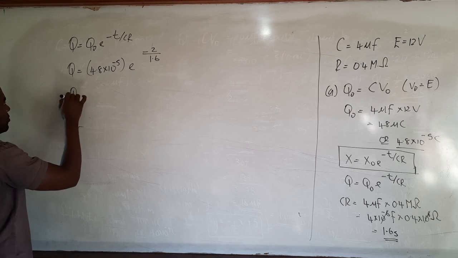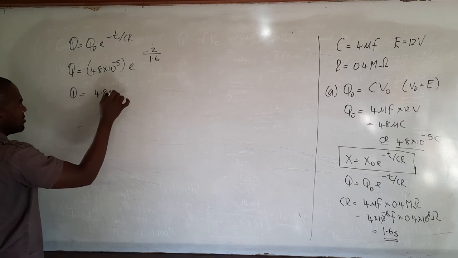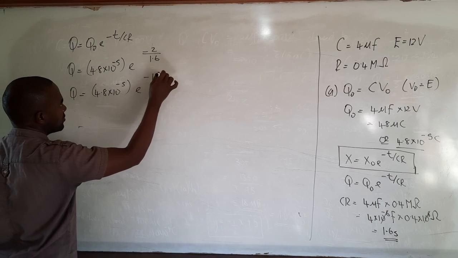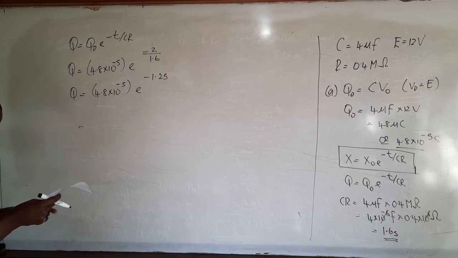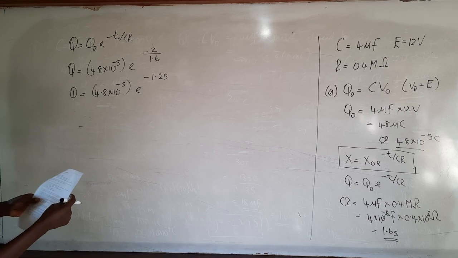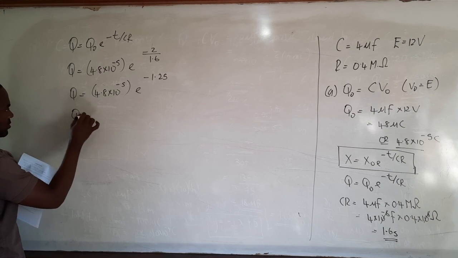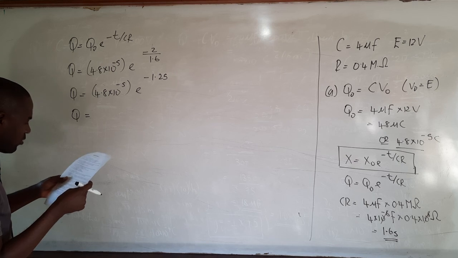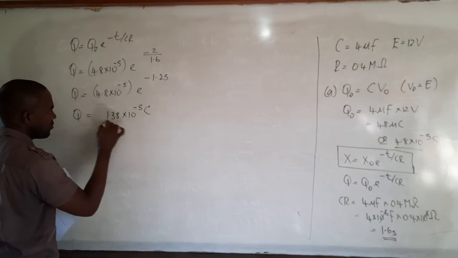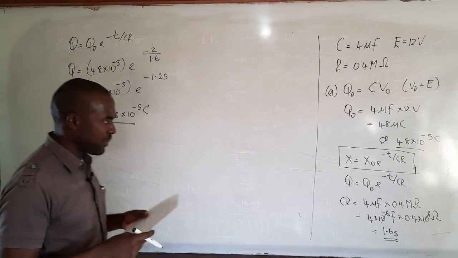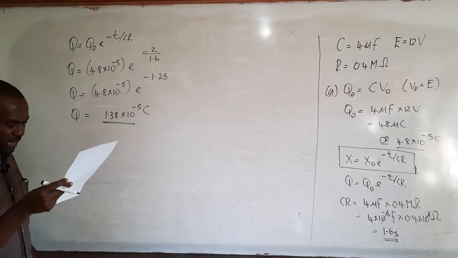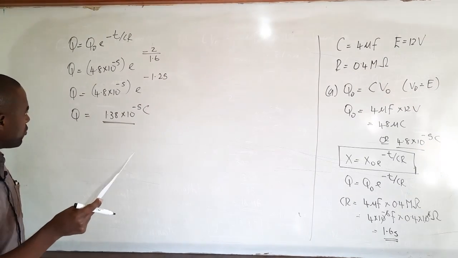So this becomes Q equals 4.8 times 10 to the minus 5 times E to the minus 1.25. And this gives us 13.8 microcoulombs, or 1.38 times 10 to the minus 5 coulombs. So the charge stored on the capacitor after 2 seconds is 1.38 times 10 to the minus 5 coulombs.